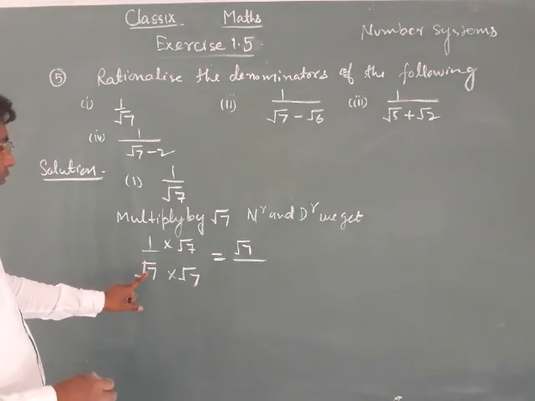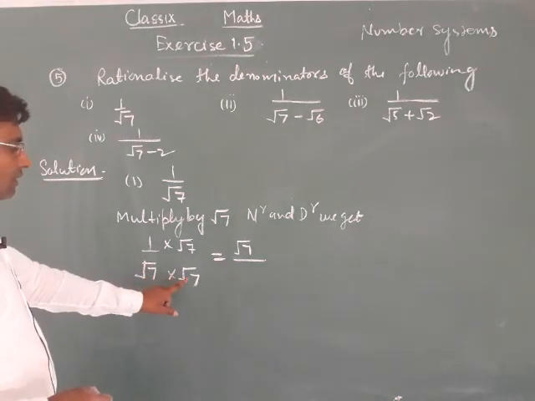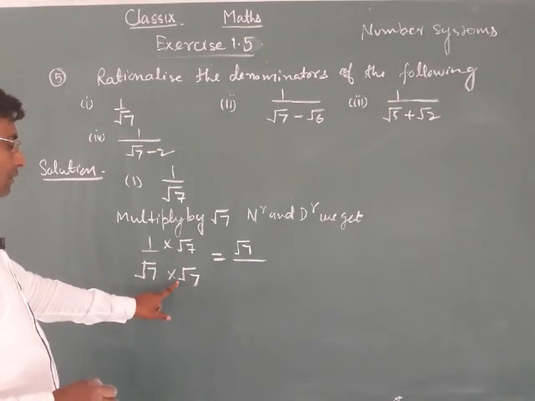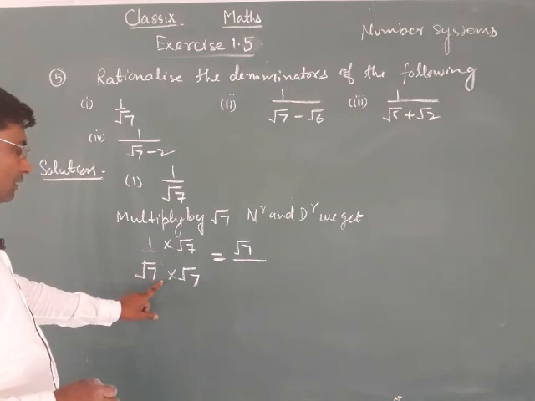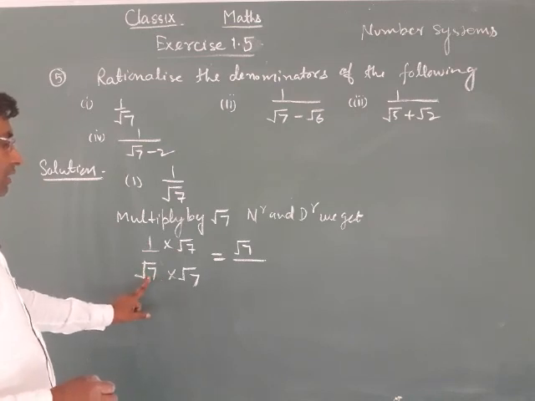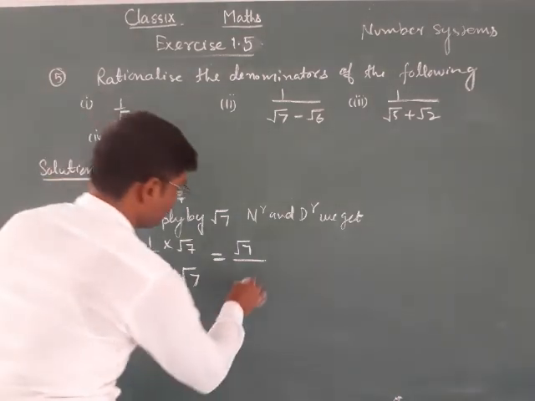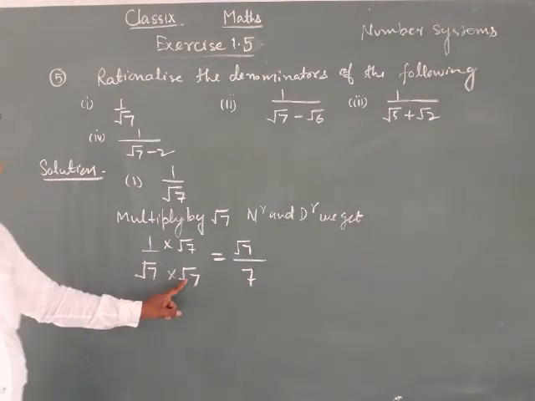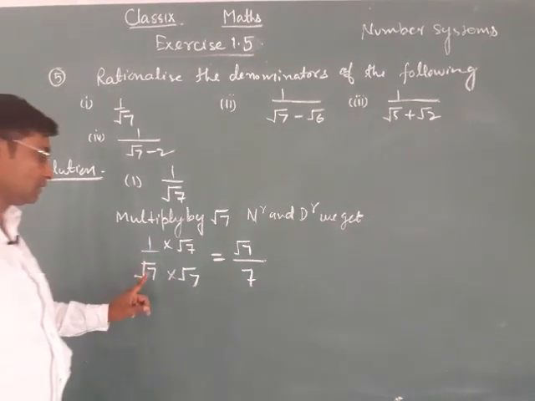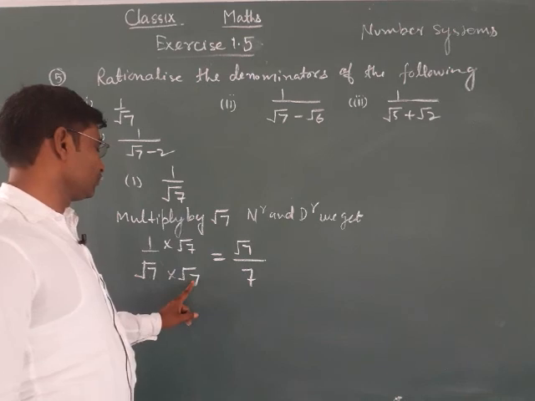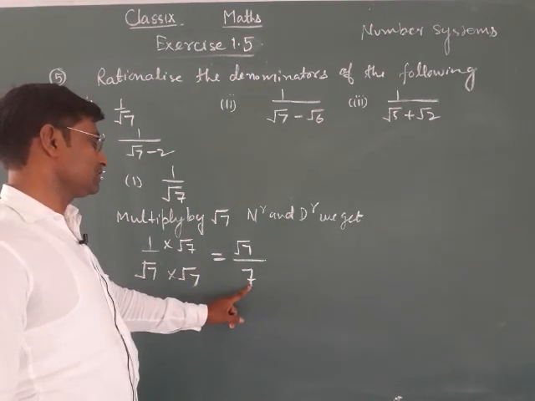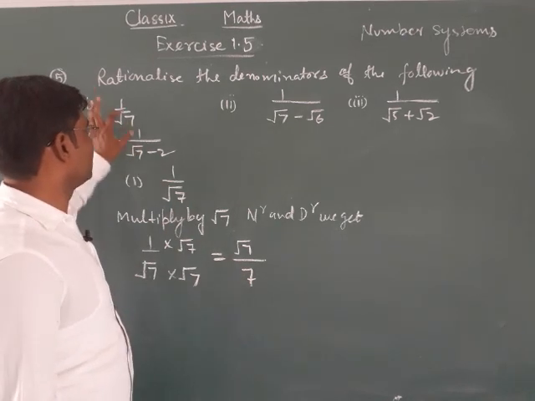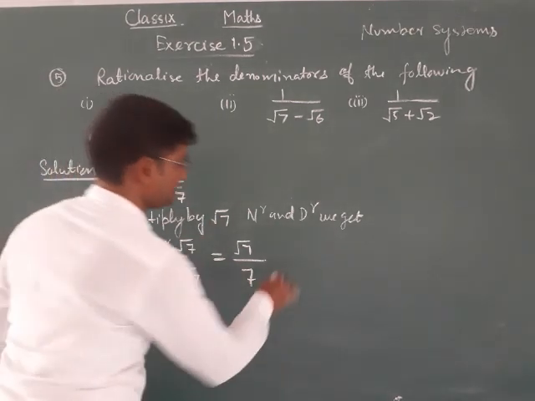Now root 7 multiplied by root 7, an irrational number times the same irrational number, the root is removed, so we get 7. So the result is root 7 upon 7. This is the rationalized form of the given part. This is the answer.